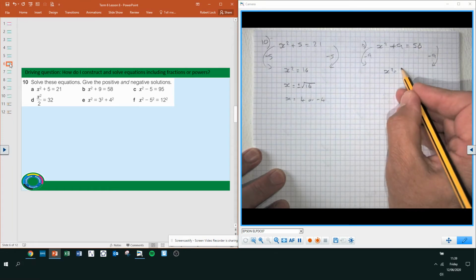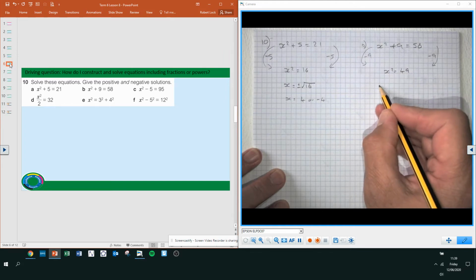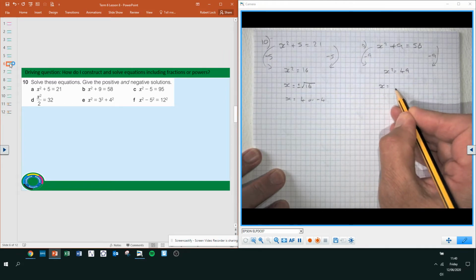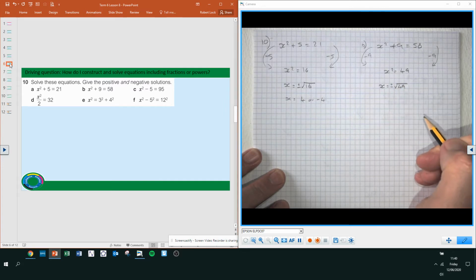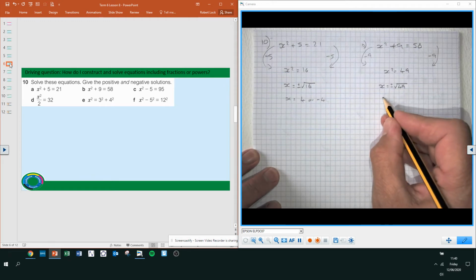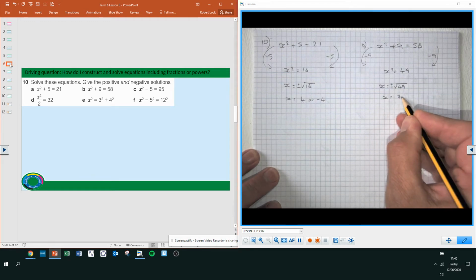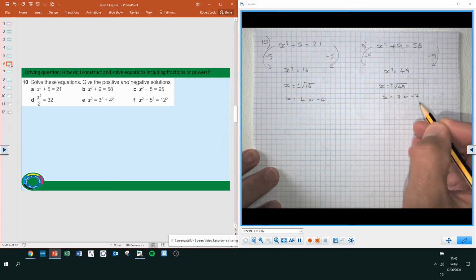Take 1 more, it'll be 49. x squared equals 49. So we want x equals the square root of 49, and we know it can be a plus or a minus. The square root of 49 is 7, because 7 sevens are 49, or minus 7 times minus 7 is 49.